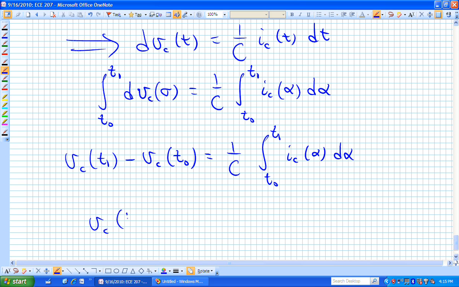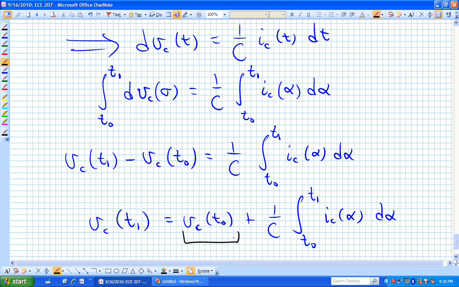Or we know that the eventual voltage on that capacitor is the initial voltage on that capacitor plus this integral relationship of current. And if we start with no charge on that capacitor, this particular piece would not be there.